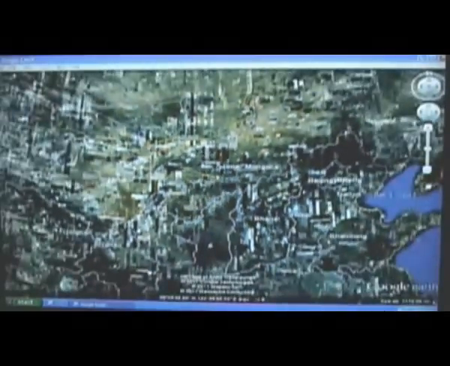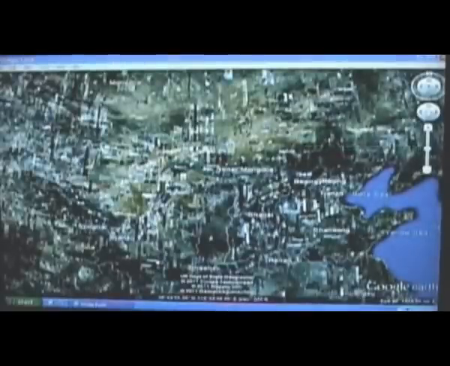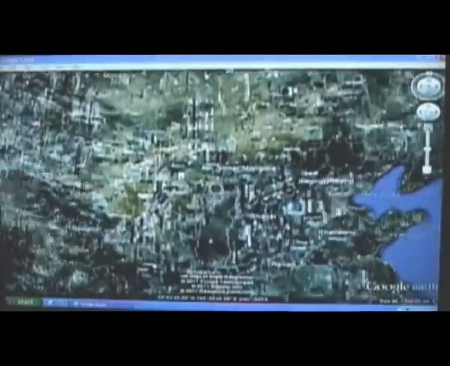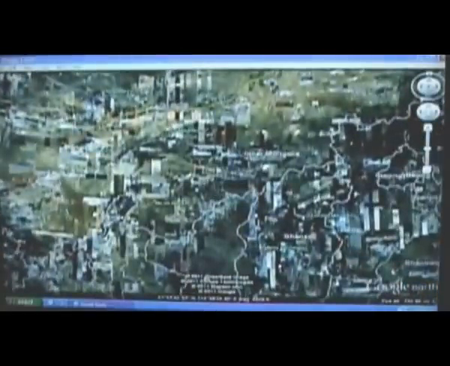Okay. Well, the first thing I want to show you is where it's located. You'll notice it's far from the ocean, and it's at 4,500 feet, almost a mile, 4,600 feet.